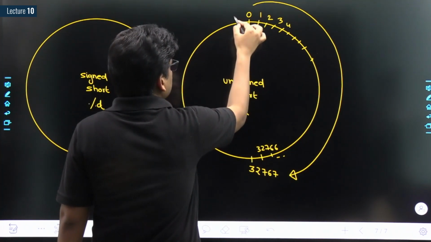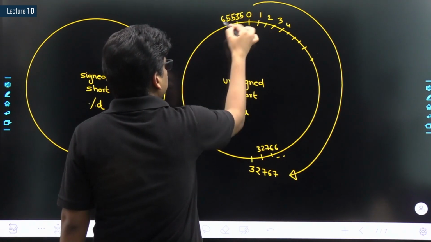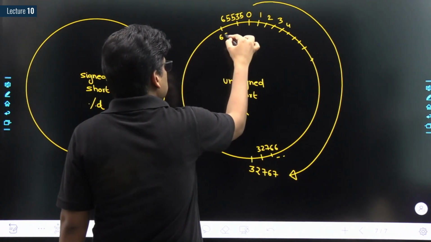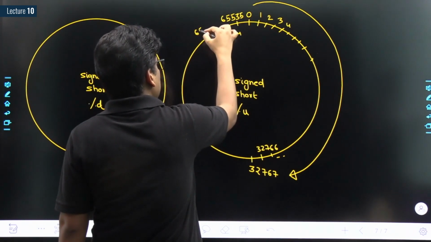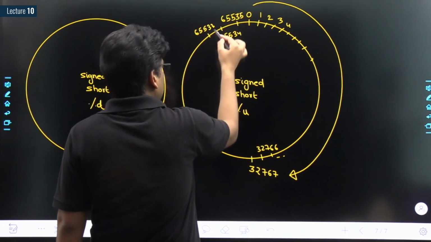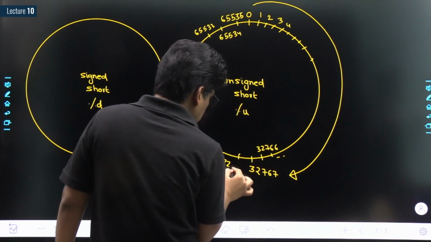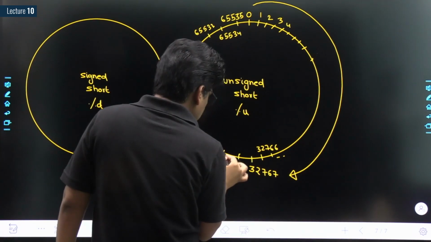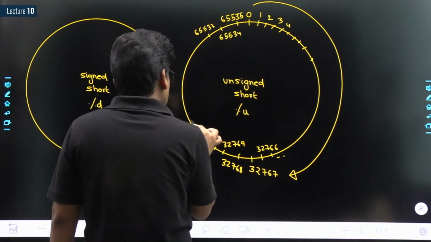Sir, what is the last value we can store? 65535. The second last value is 65534, like this, 65533 and so on. So here we have 32768, here we have 32769 and so on. Okay.